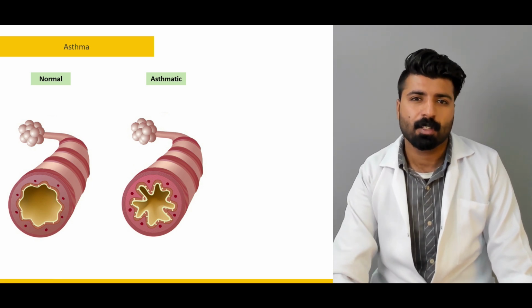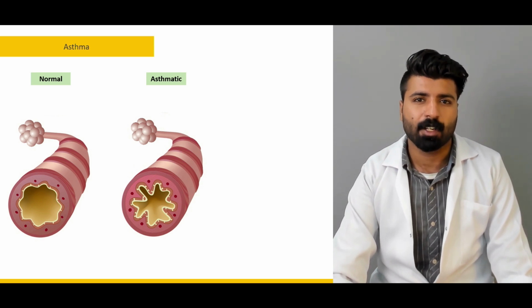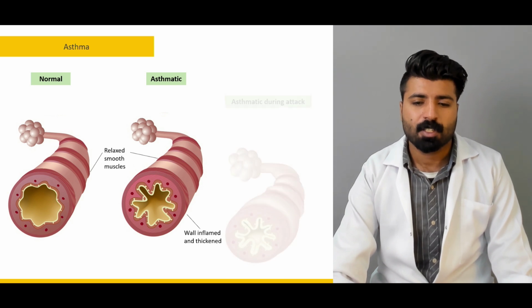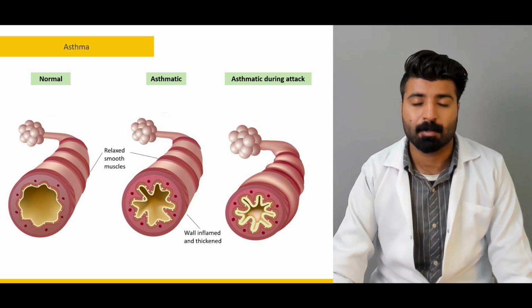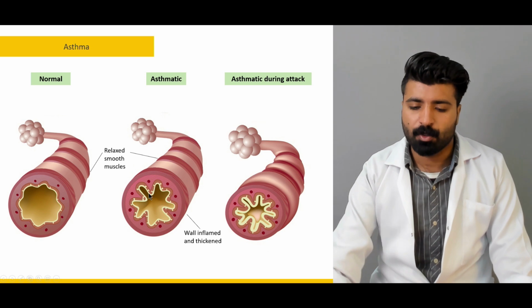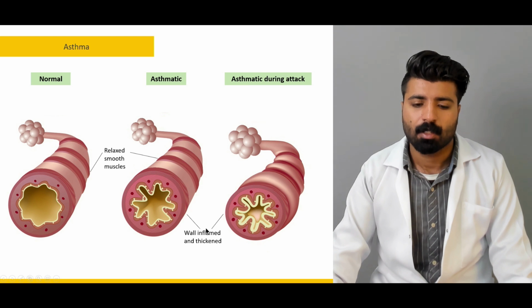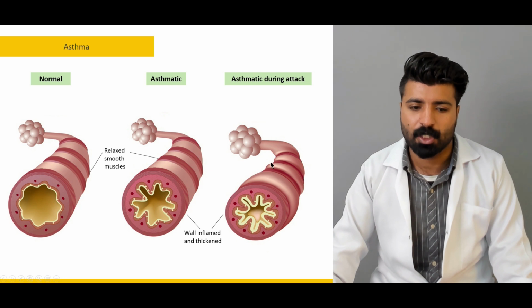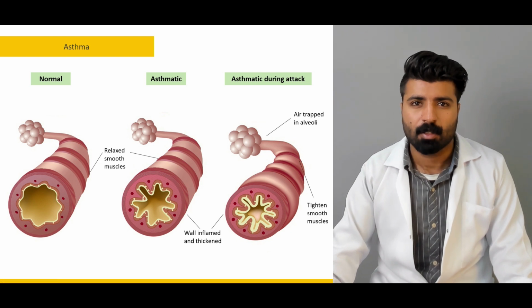And then comes a problem which is very fatal, very life-taking, which is called status asthmaticus, the asthmatic during the attack. Now you have to differentiate here. Look at these muscles. These both are relaxed muscles. But what happens inside the attack? The wall is inflamed and thickened, as you already know. But these muscles are now tightened because of that attack.